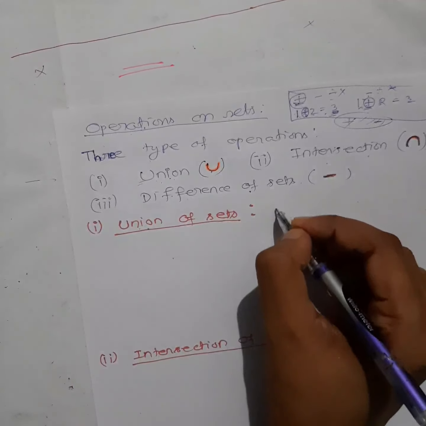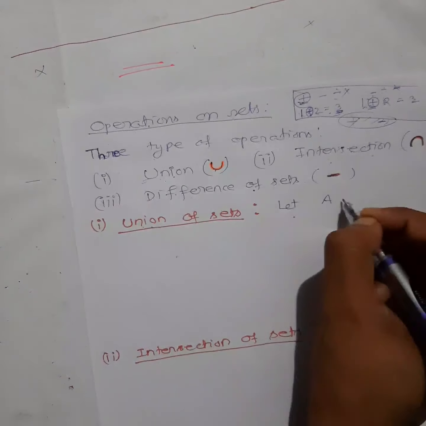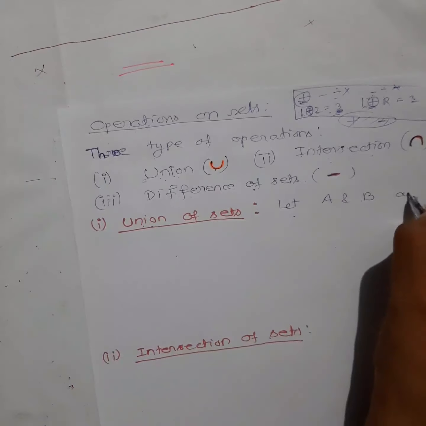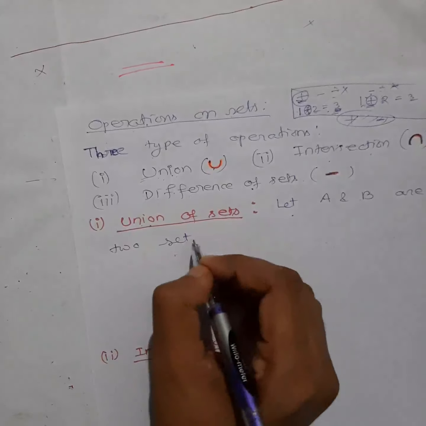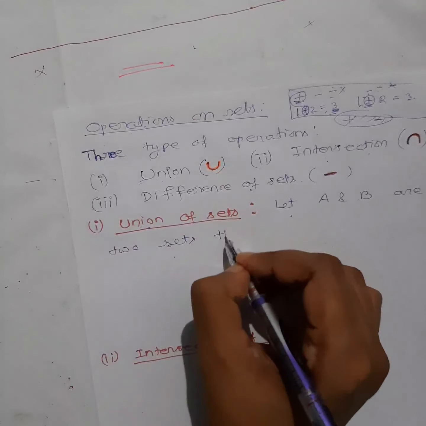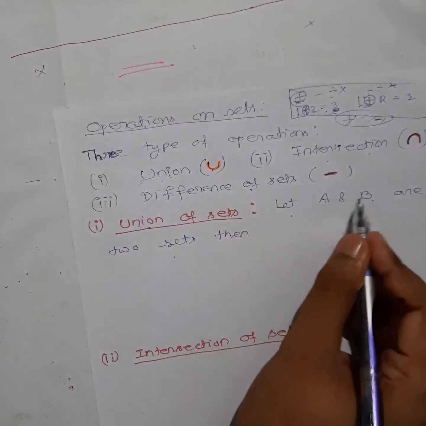Union of sets. Suppose A and B are two sets, okay? Then what will be the union of A and B?